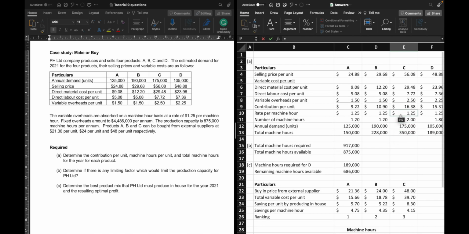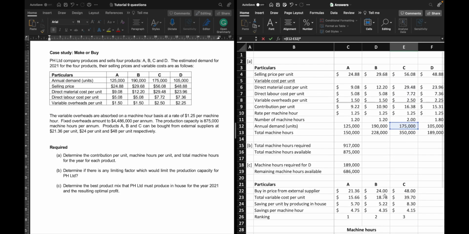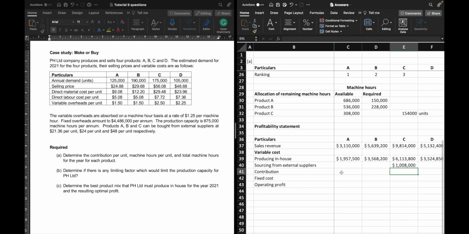So the total demand for product C is 175,000, out of which 154,000 units are produced in-house. So the remaining units are sourced externally at a cost of $48 per unit. So this is the cost of sourcing from external suppliers for product C.